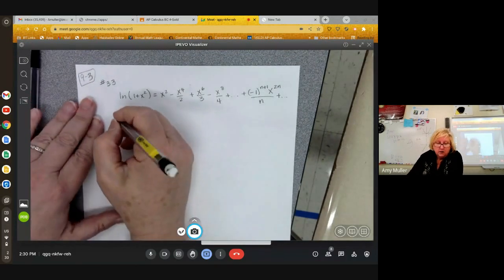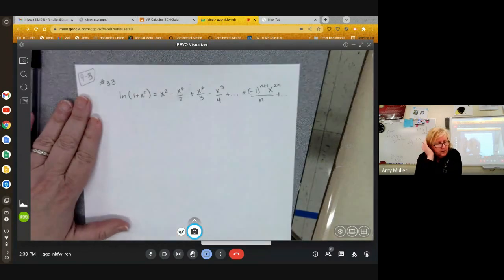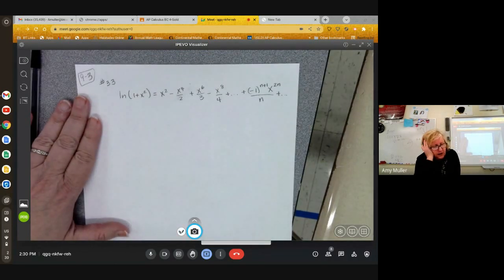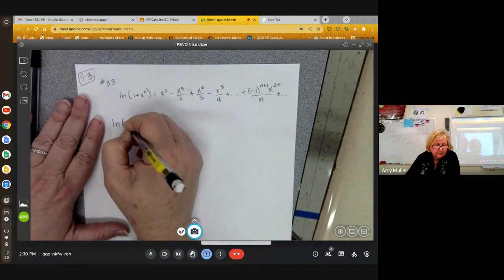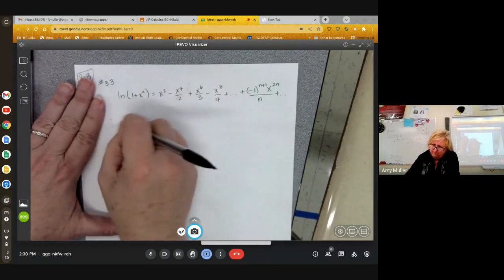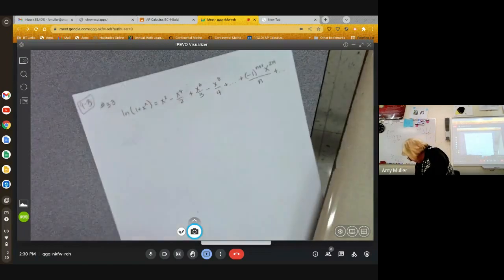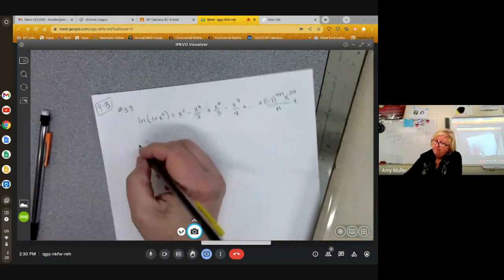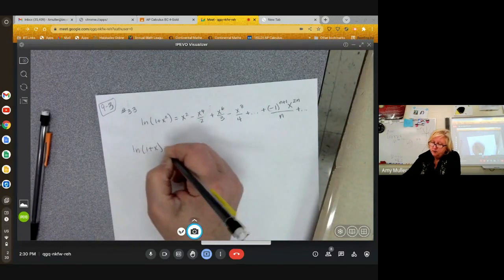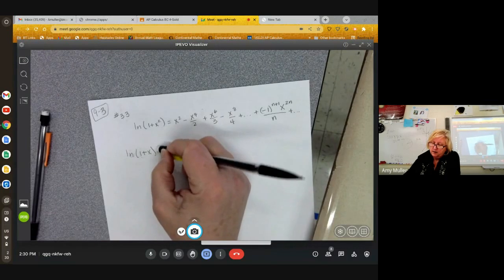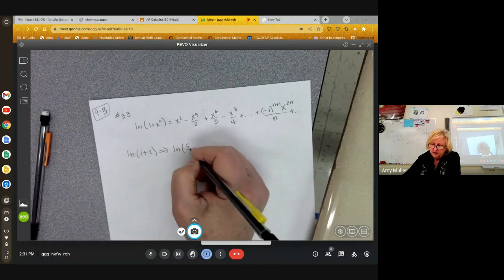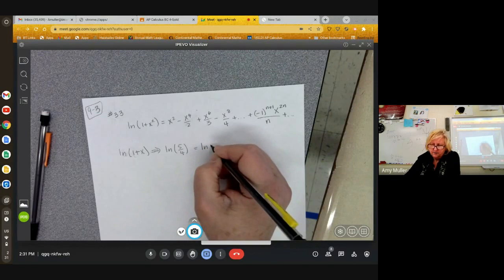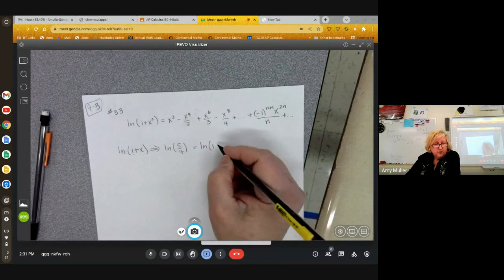Okay, so find a rational number A such that, okay, a rational number A. Ln of 1 plus X is equal to, if I wanted to break ln of 5/4 into something, I could say that this is the natural log of 1 plus 1/4.